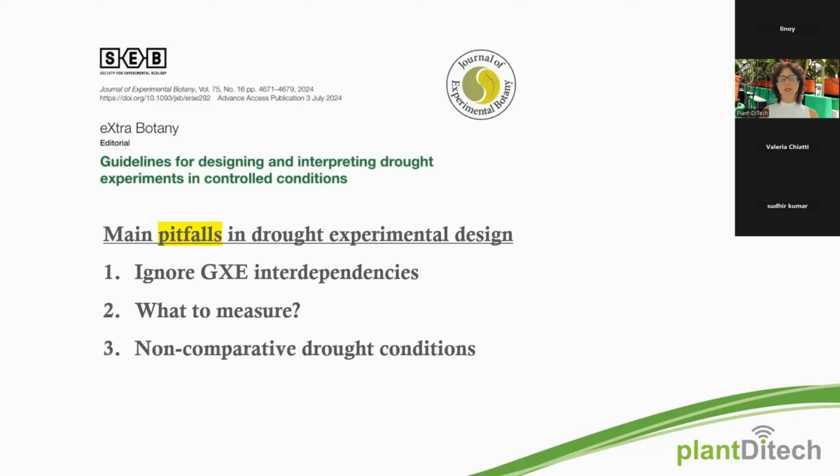The editors responded to many common submissions that were made to their journal, and covered these major pitfalls that they came across when reviewing these papers.